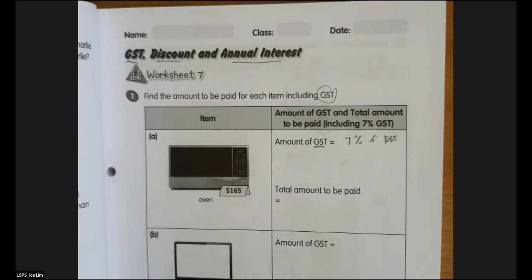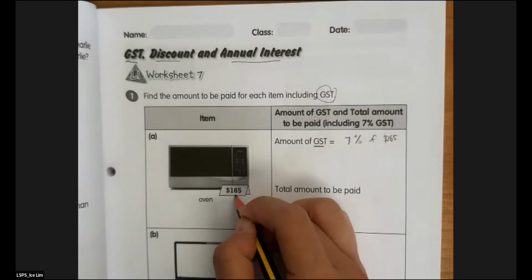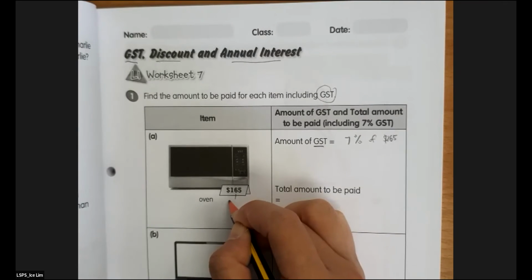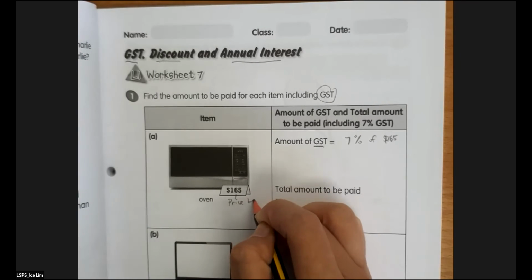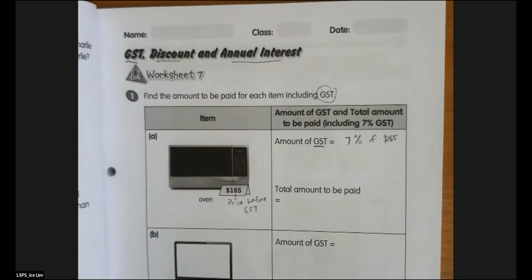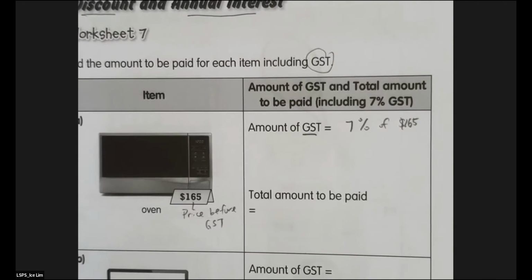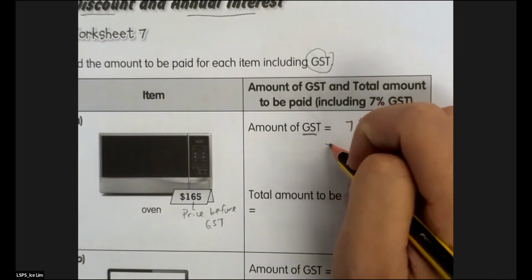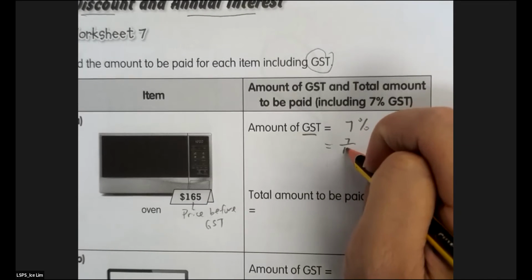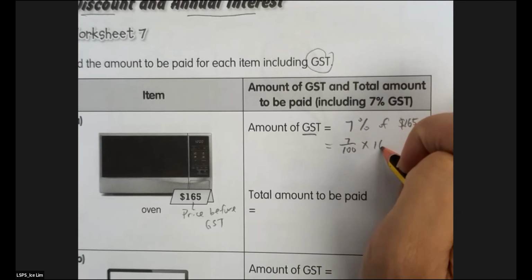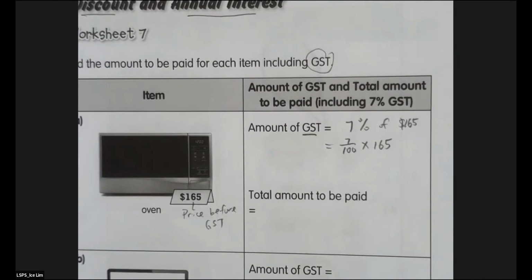That's what it means. So this is the original price before GST, before the tax. To find the amount of GST is 7% of the price. I'll do it with the fraction method. $165 times 7.